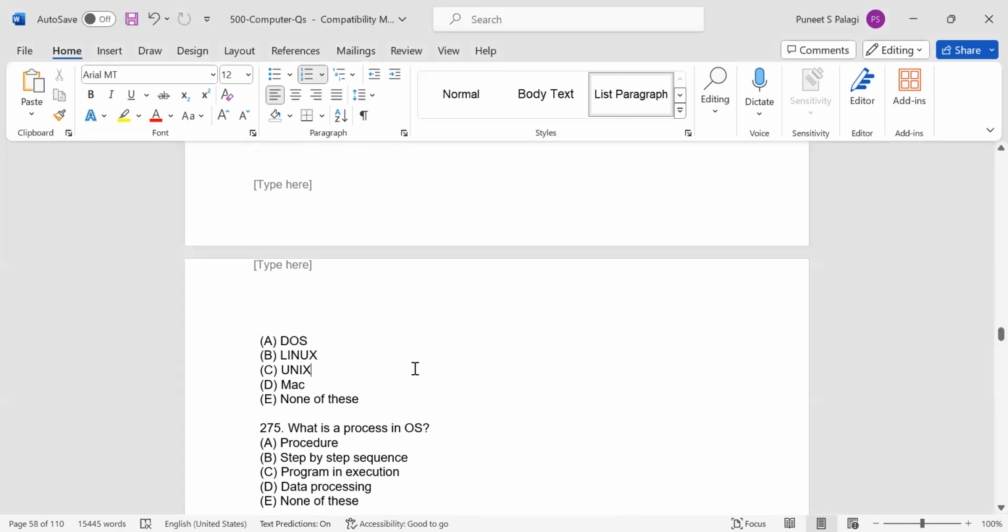So option C is the right answer. Unix was originally from AT&T. Unix development started in 1969 at Bell Labs by Ken Thompson and Dennis Ritchie.